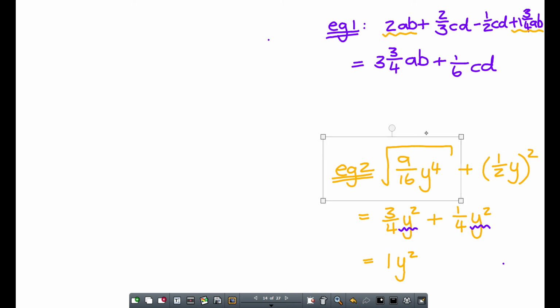Oh, if it was a cube root, then it would be y to the power of 2, yes. Because we usually take the exponent on the inside and divide it by the exponent on the outside. But because nothing was written there, we assume it's actually a little 2. So 4 divided by 2 gave me that 2. Okay. Any other questions?